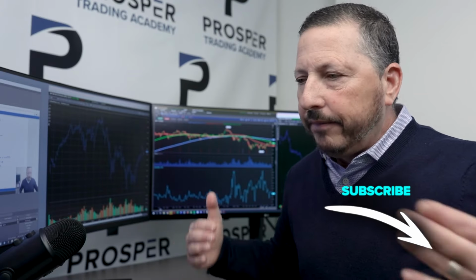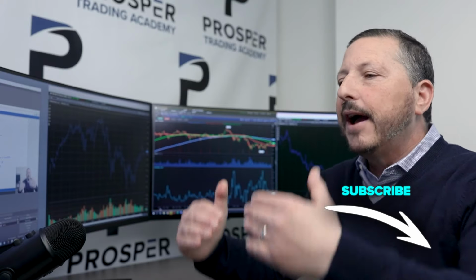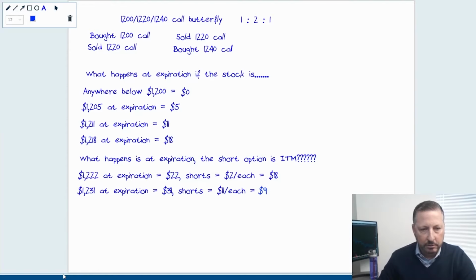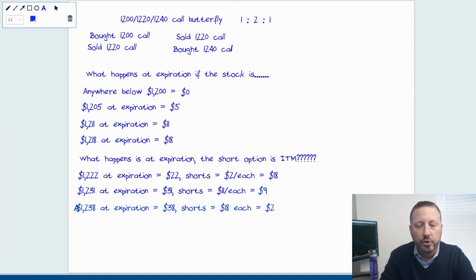And as we get closer and closer to the end of the butterfly strikes, the 1240 in this instance, the value of this position is going to keep decreasing. So at 1238, we have $38. The shorts are worth 18 each for a value of $2.